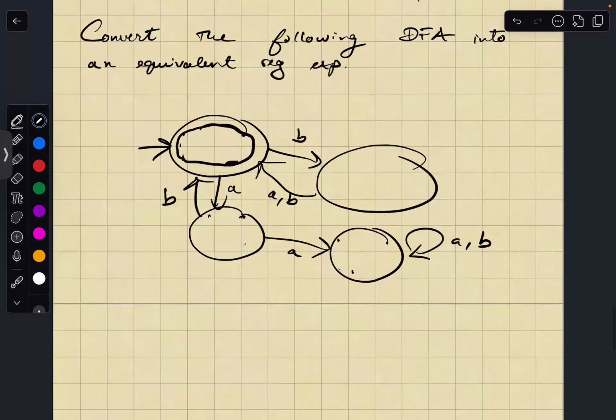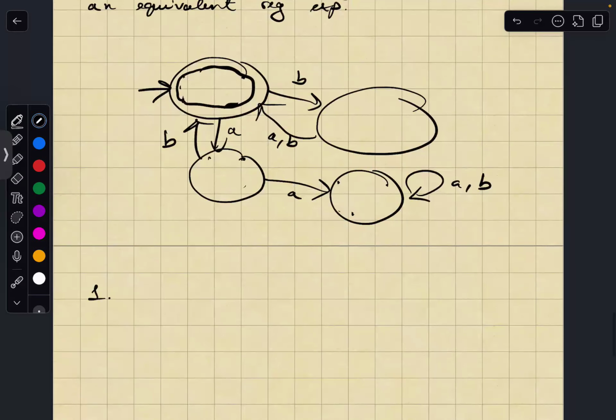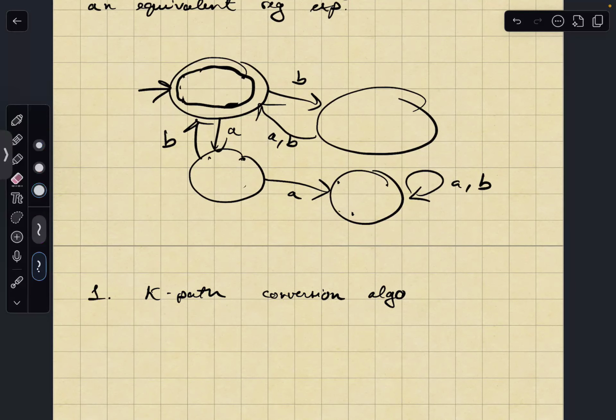There are two methods to convert FAs, so DFAs and NFAs actually, to regular expressions. The first one is the k-path conversion algorithm, which I think you've seen in class. I don't like this algorithm. It's very long, and it's not realistic to do in a midterm.